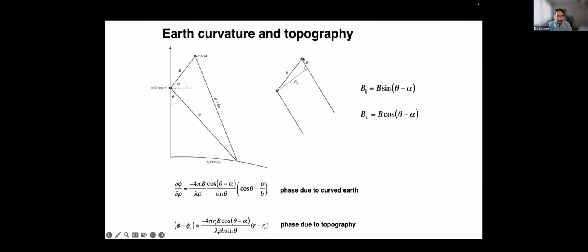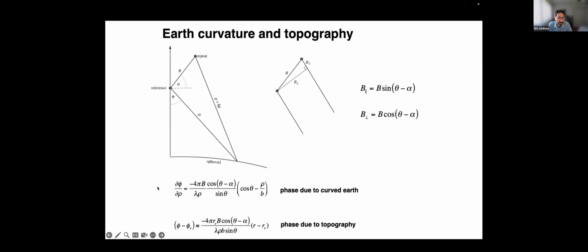And so we call this the parallel component of the baseline and the perpendicular component of the baseline. And the total vector difference between the two orbits at a given location in the orbit is called the baseline. And so this is just going to be sine of the difference between these two angles. This will be like the incidence angle, and this will be the angle between those two orbits. And then this would be the perpendicular baseline.